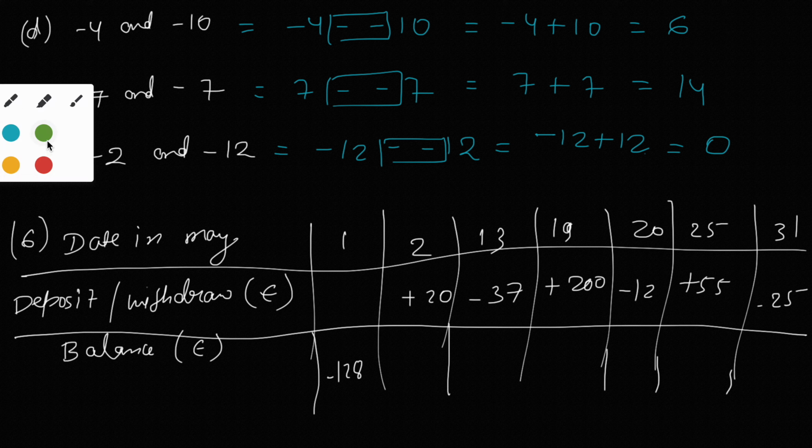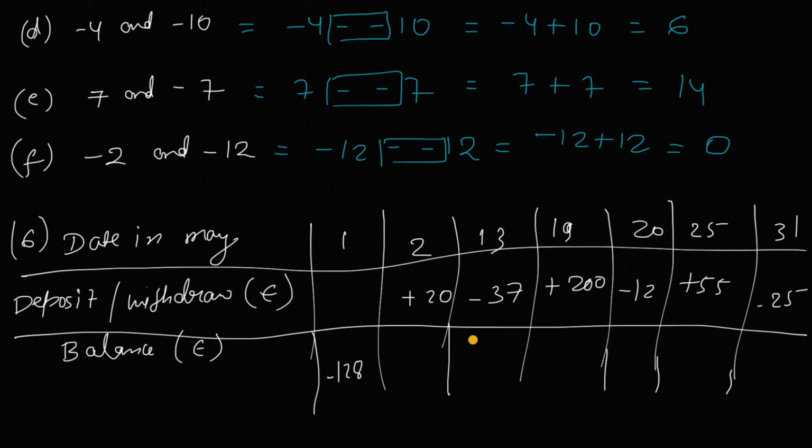Okay, so how are we going to find the balance? Positive means it's a deposit, and withdraw means that you have withdrawn the money, so it will be a negative. All the positive numbers are showing the deposit of the money.